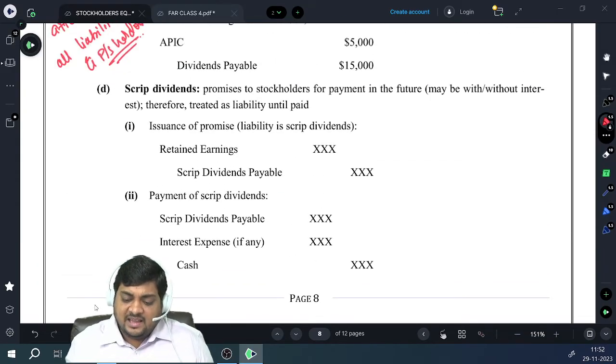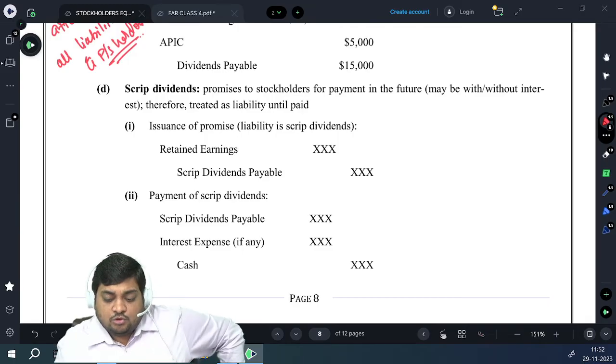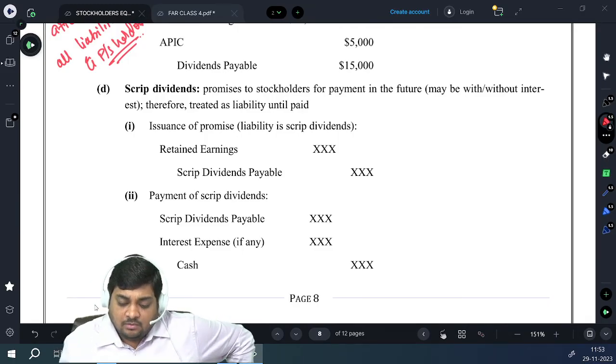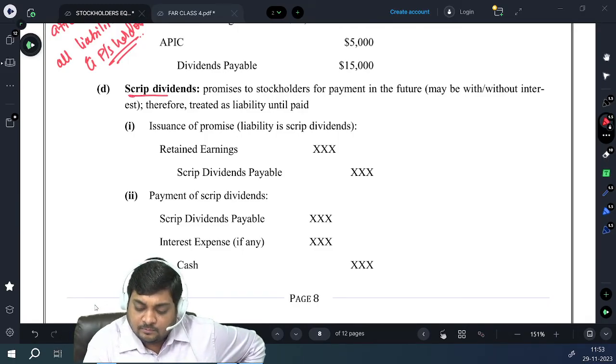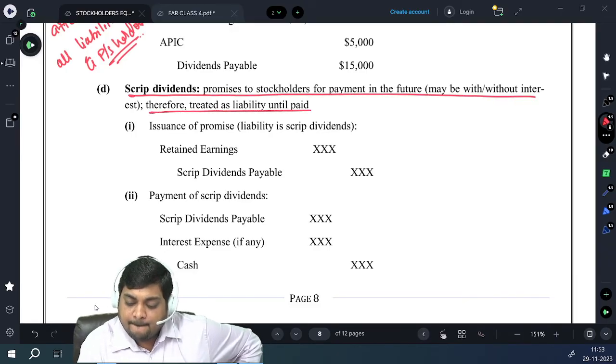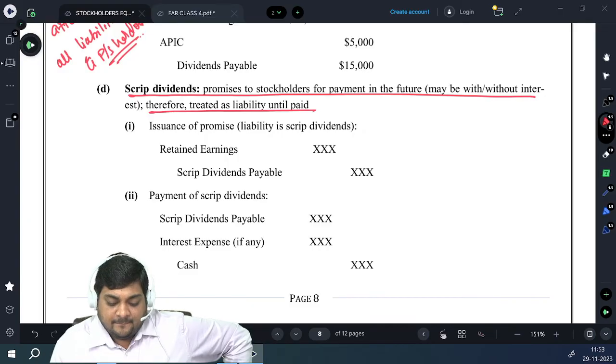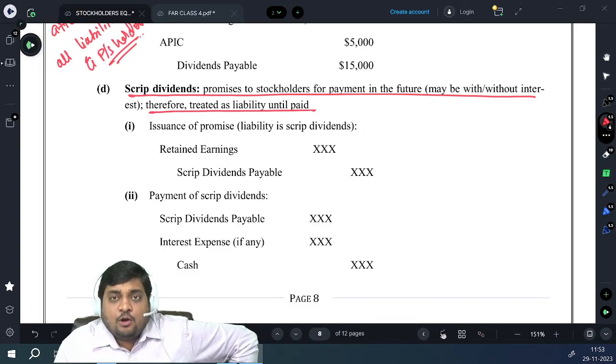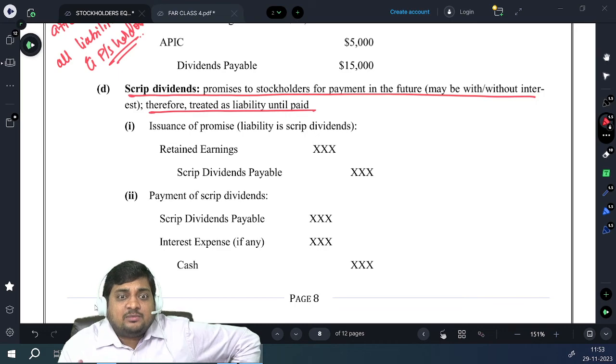Scrip dividend is like a promise to stockholders for payment in the future, not now. Normally when you declare a dividend, you pay it within a month, right? Like in the Indian Companies Act, there's a provision that within 30 days from the date of declaration you have to pay the dividend. But scrip dividend is like I'm appropriating right now, but I'll pay you later.